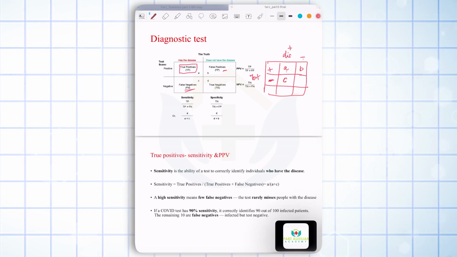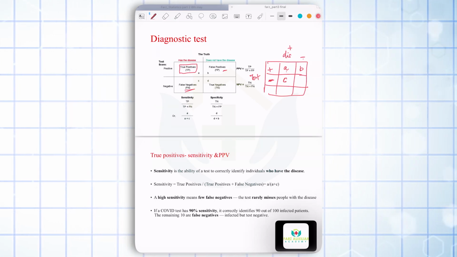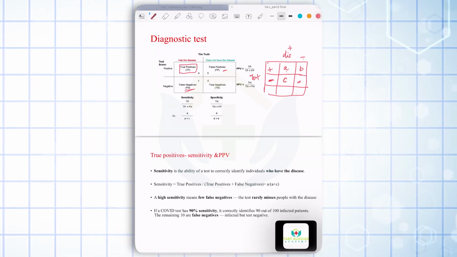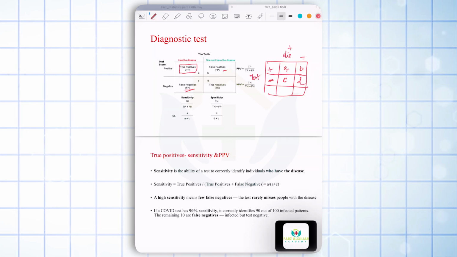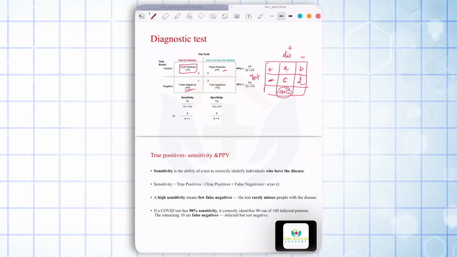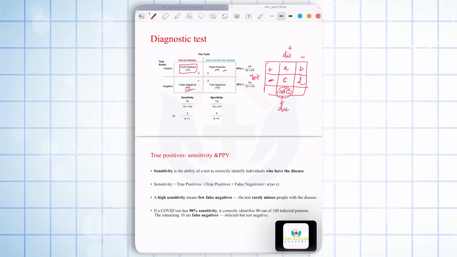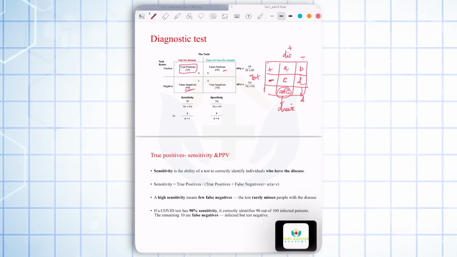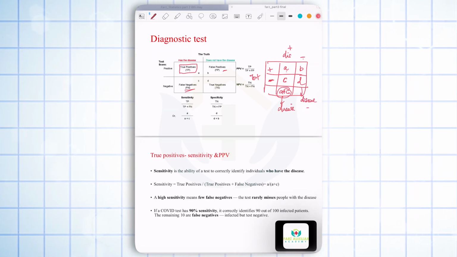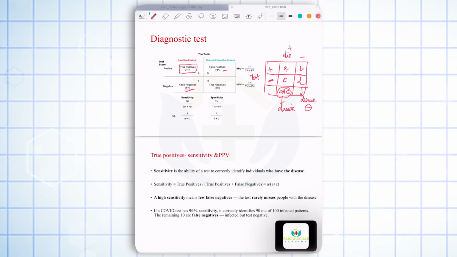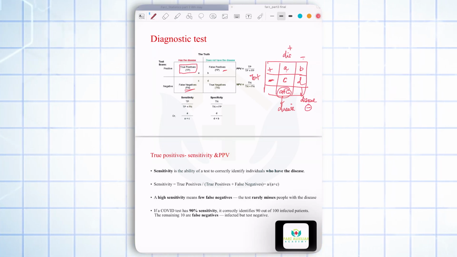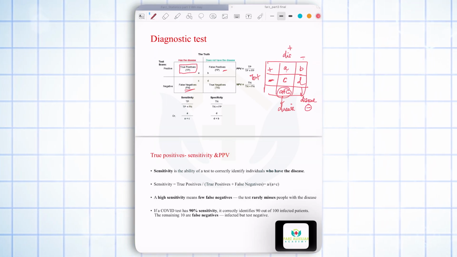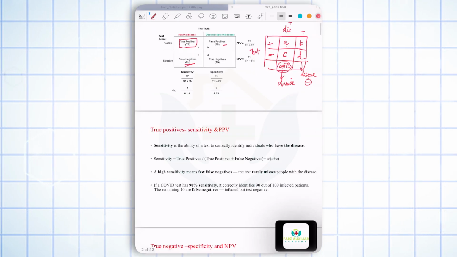The disease is absent and the test correctly turns negative. So A plus C is actually those with the disease, and B plus D is the percentage who don't have the disease. Make sure that you remember the A, B, C, D notation correctly, only then your formula will be right. We'll be further moving on to the test variables.